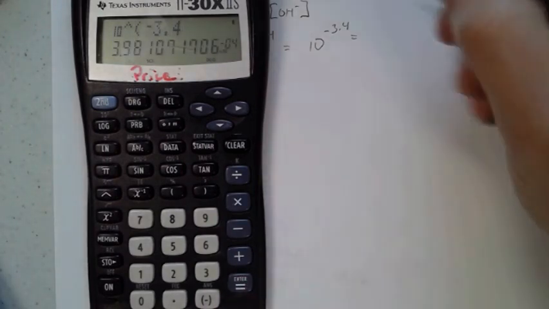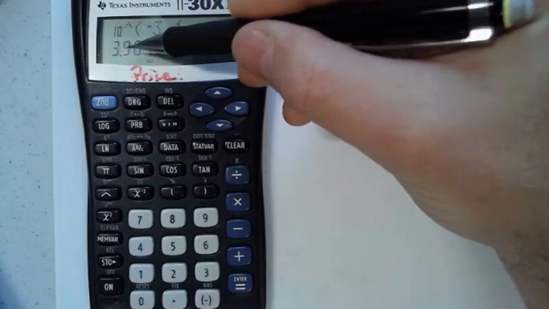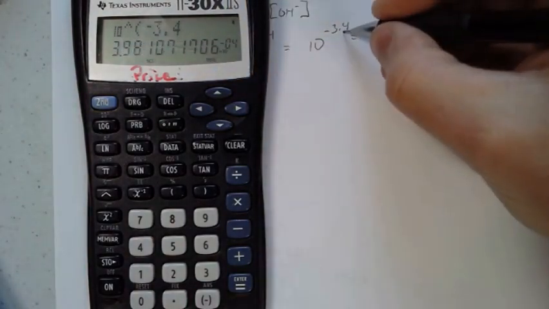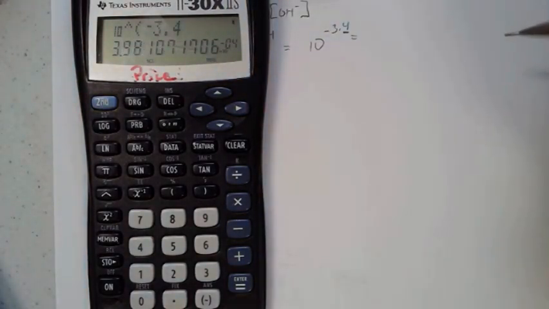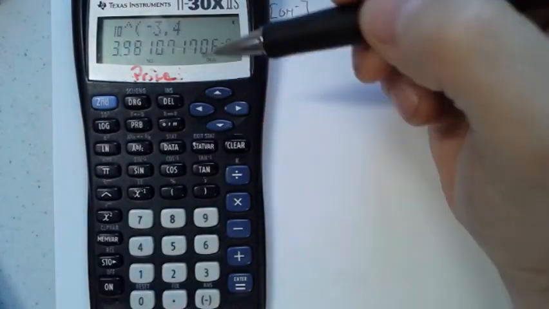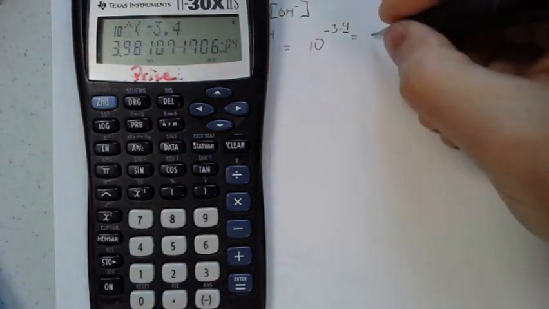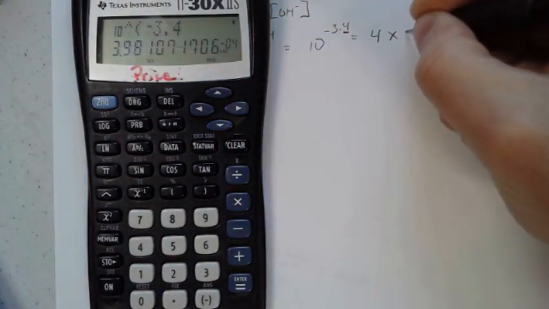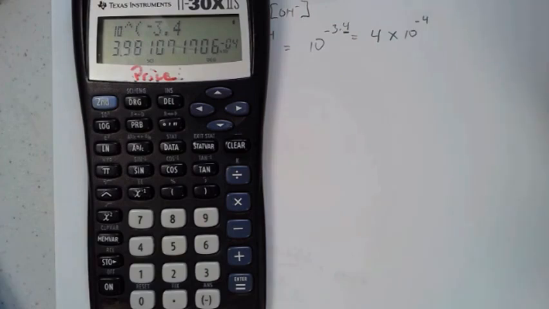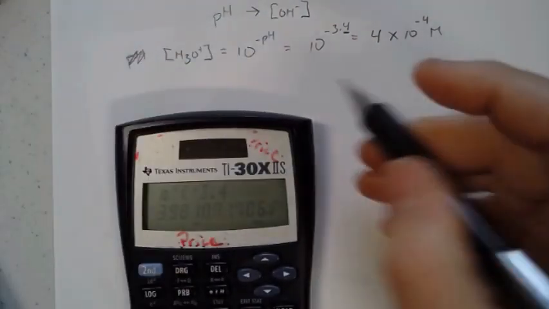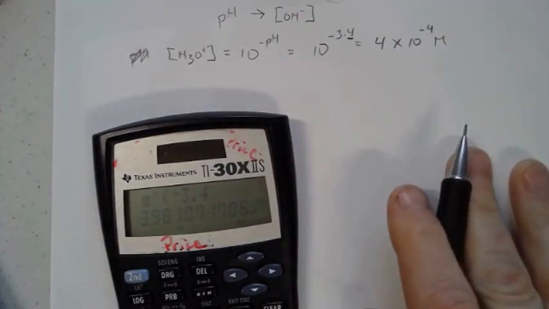Now here, I have 3.98. Now, I have one place past the decimal on my pH, so that means I only have one significant figure on my answer here. So I round it off to one digit. It is simply 4 times 10 to the negative 4 concentration. Remember, that is equal to the hydronium ion.